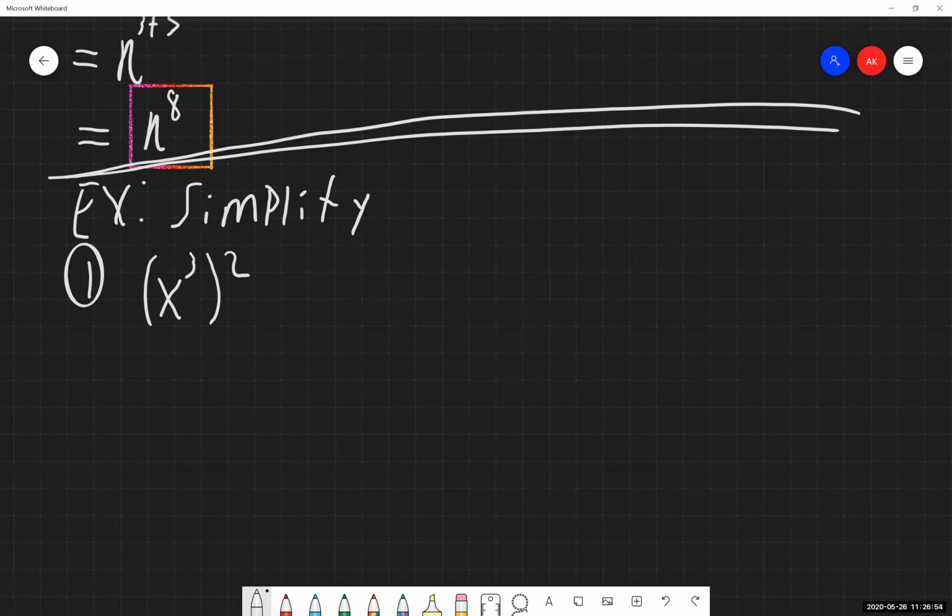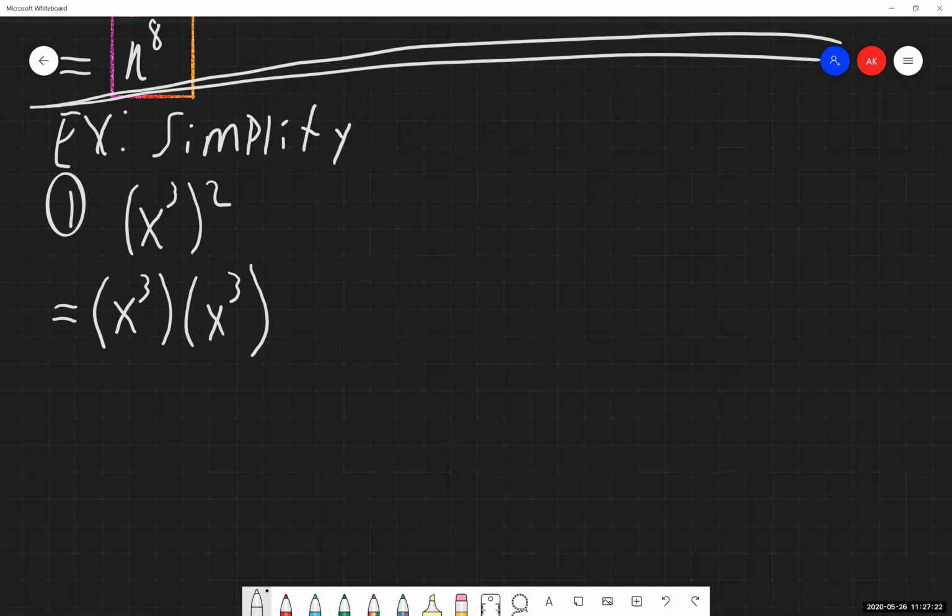So what is the base of this exponent? Well, we have x raised to the third power, so x is the base. And then we have everything inside a set of parentheses being raised to the second power. So that's also a base. If I were to expand and simplify, everything in the parentheses is multiplying by itself twice.